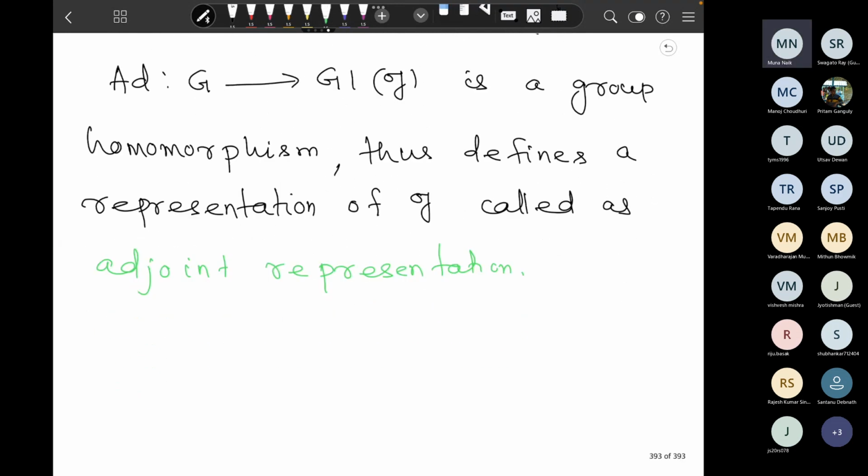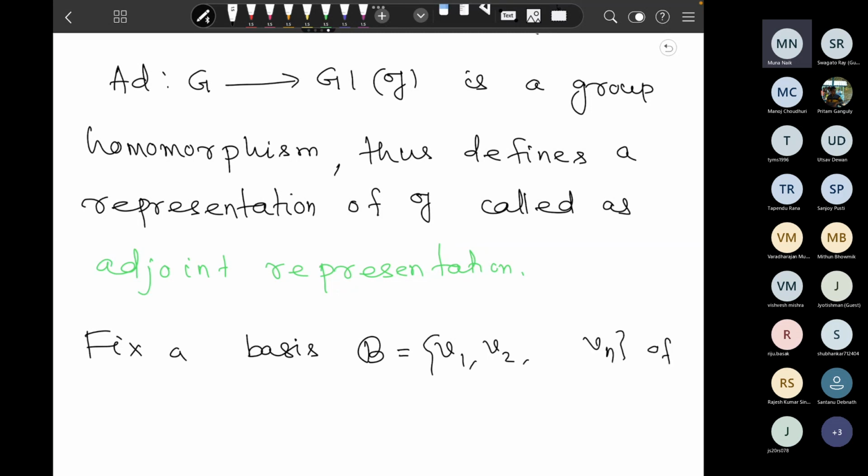Now you fix a basis B equal to B1, B2, up to Bn of g.